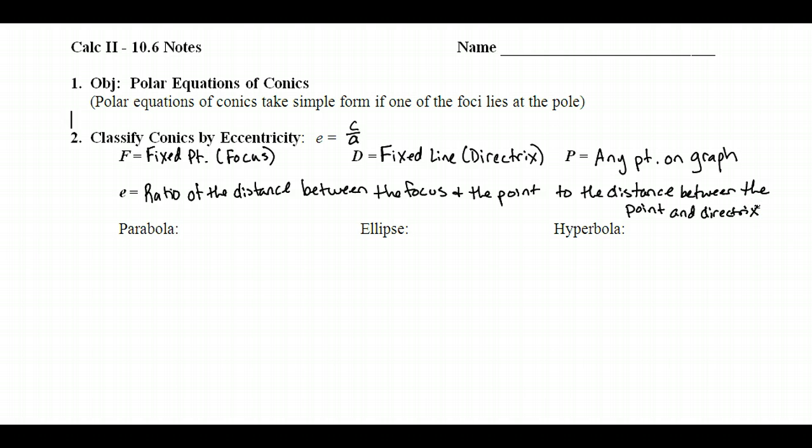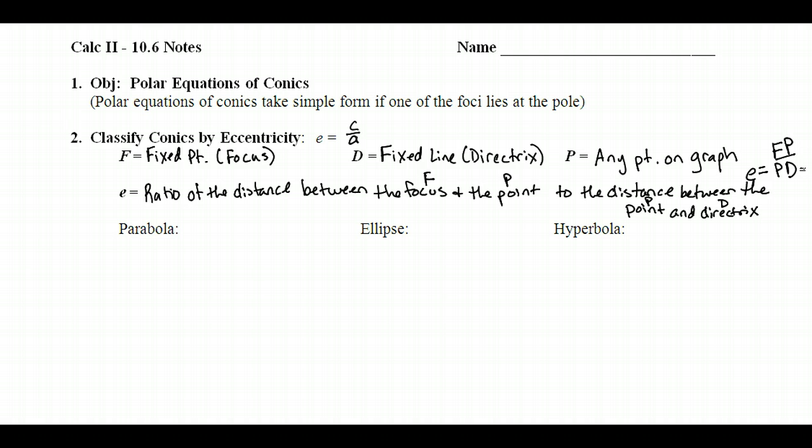So running out of room a little bit, but remember, a ratio is a fraction. And our fraction here, it's the ratio, so the distance between the focus and the point, so we want to find that, that distance will be in our numerator, and in the denominator, the distance between our point and our directrix. Well, what that ends up being then, for our eccentricity, is that eccentricity is focus to our point divided by, for our ratio, point to directrix.